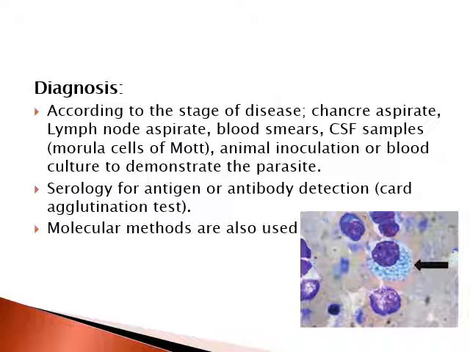Also, molecular methods are used in some cases, but the card agglutination test is very common, and also we can detect the parasite easily in the circulation, except in the periods of low parasitemia, which need further investigation.